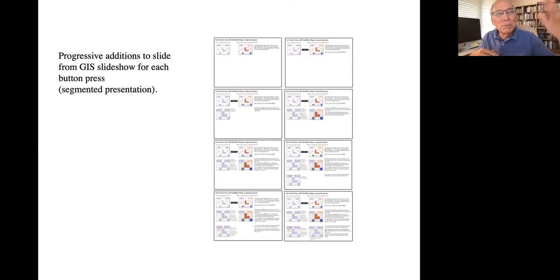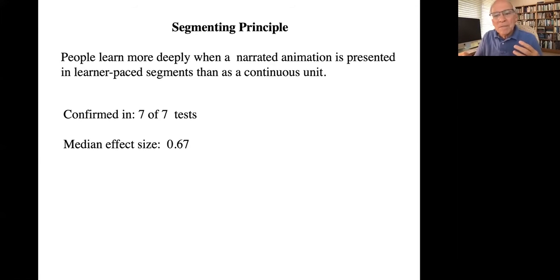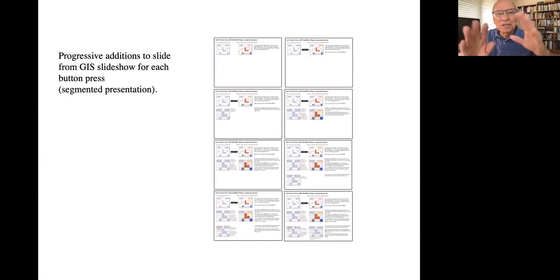So sometimes when people are giving PowerPoint presentations, each slide gets filled in, or we could just present the final slide, the one in the bottom right corner, all at once, and have people deal with that. So the segmented version is to present it piece by piece.